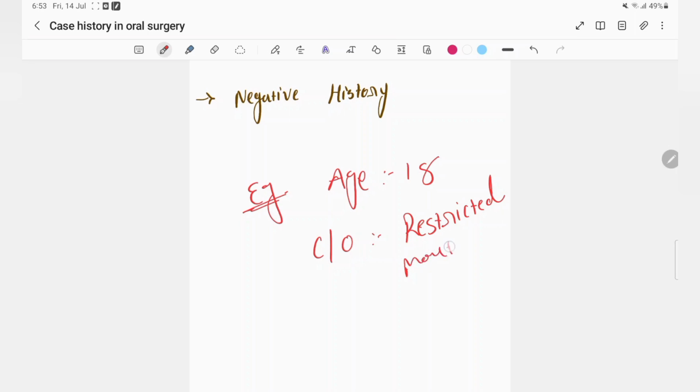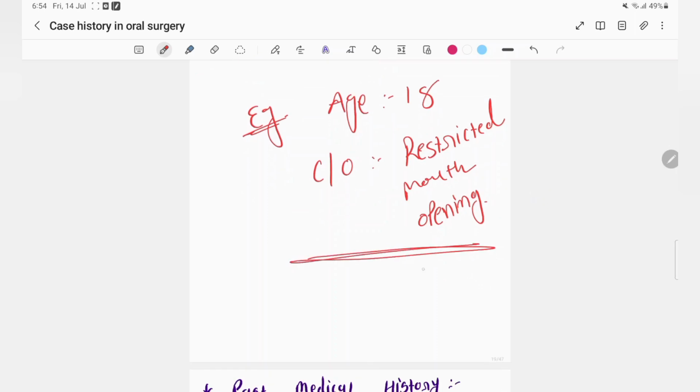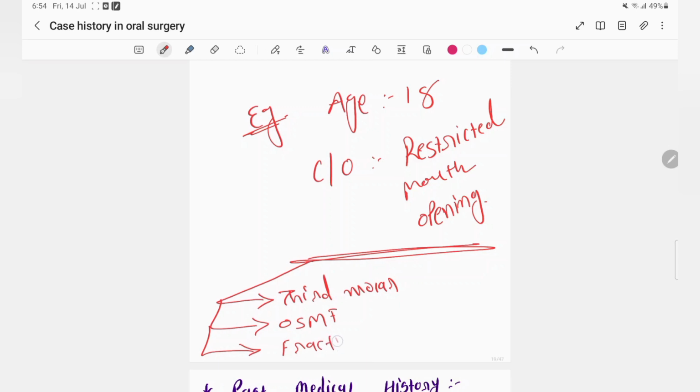By this you are making a provisional diagnostic list, like it can be because of third molar eruption, or it can be because of OSMF, or it can be because of any fracture. Right? This is just a provisional diagnostic list which you have made in your head.